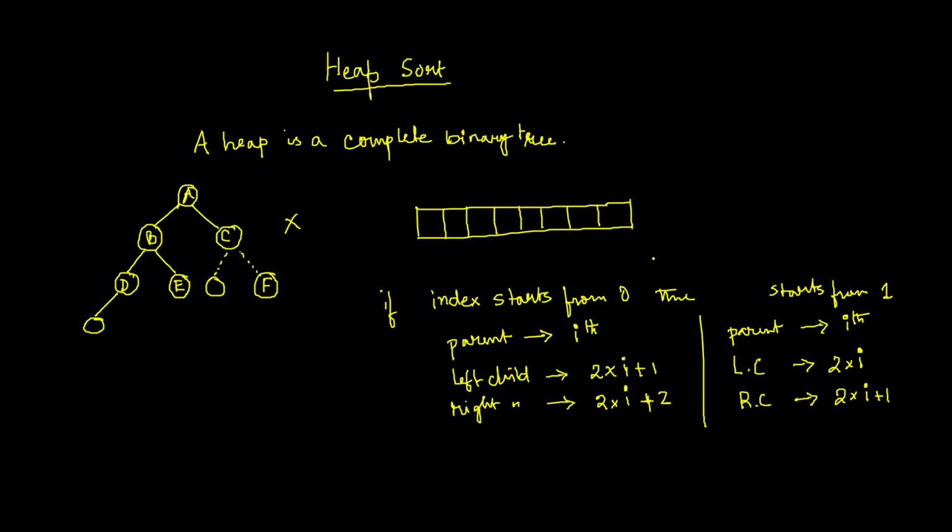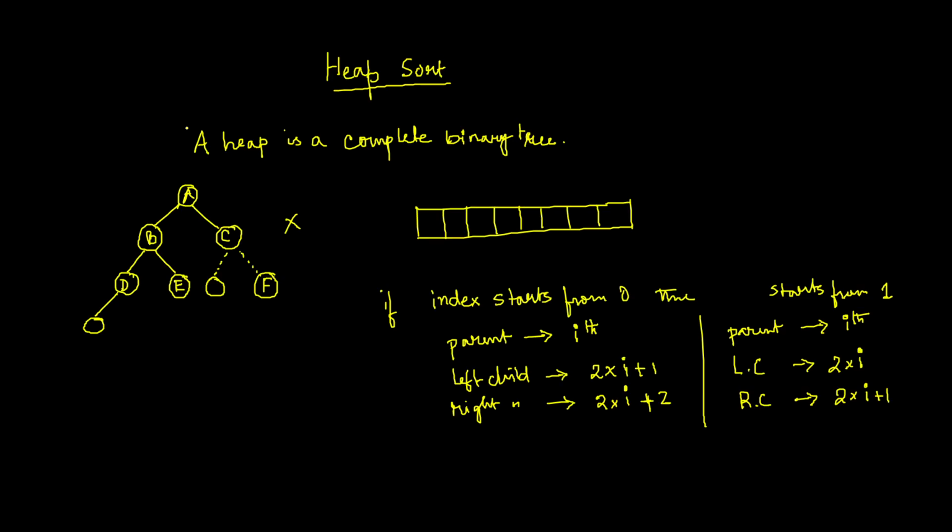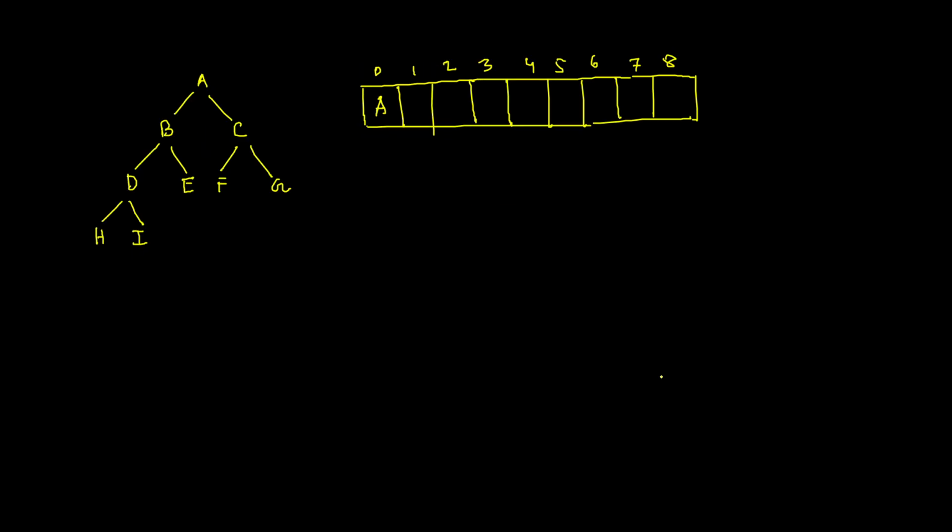According to the rule, we have to maintain this. So let's say I start with the root at position 0. A is here, so I is 0 with respect to A. That means the left child of A, that is B, should be present at index 2i plus 1, so 2 into 0 plus 1, which equals 1.